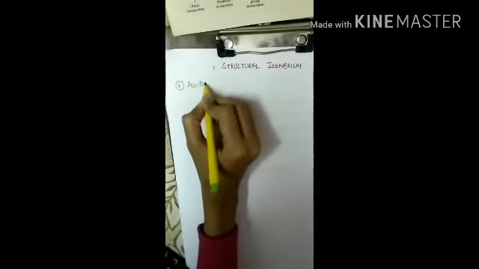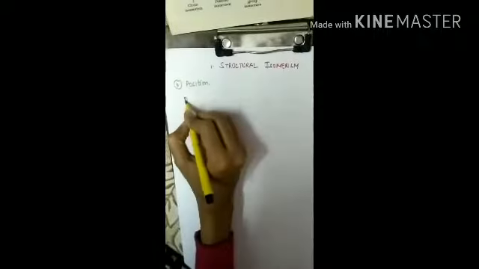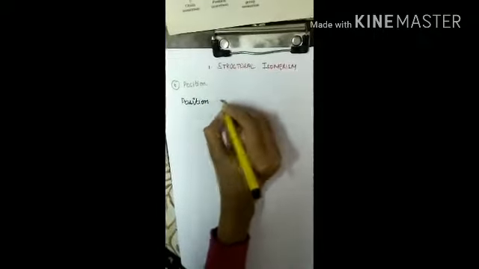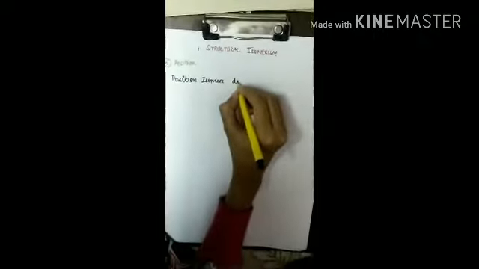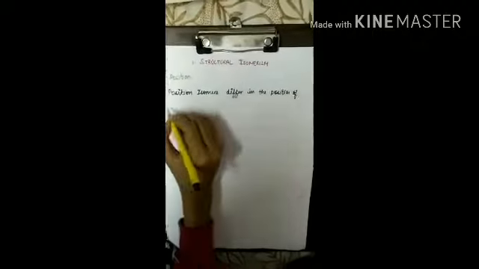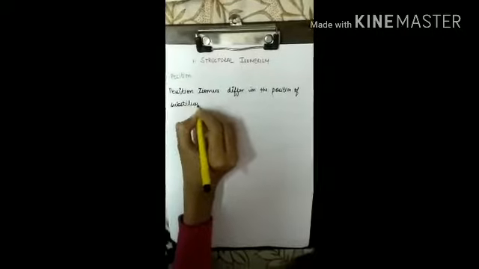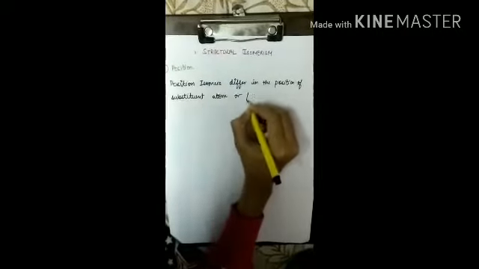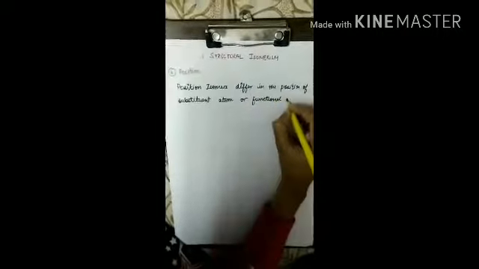Now let's talk about position isomerism. When two or more compounds differ in the position of the substituent atom or functional group on the carbon skeleton, they are referred to as position isomers, and this phenomenon is termed position isomerism.